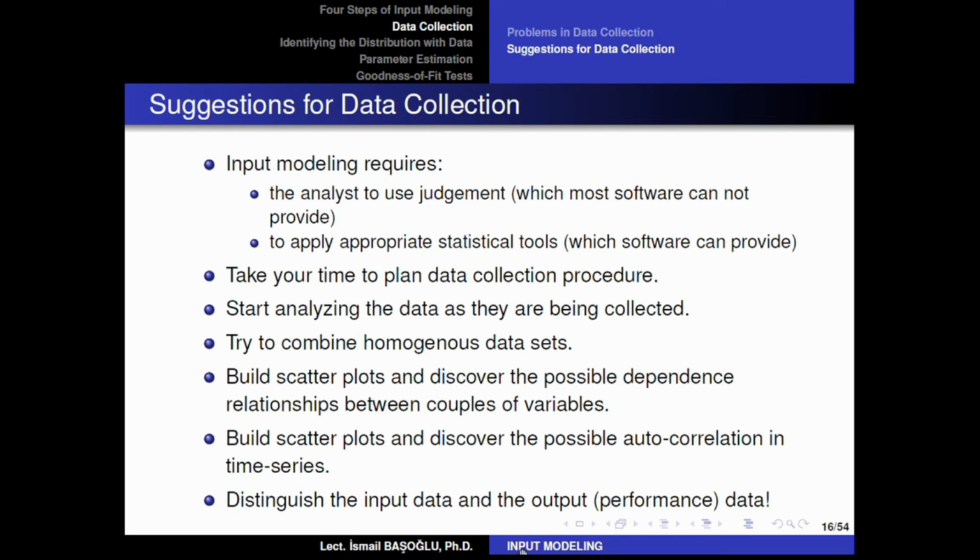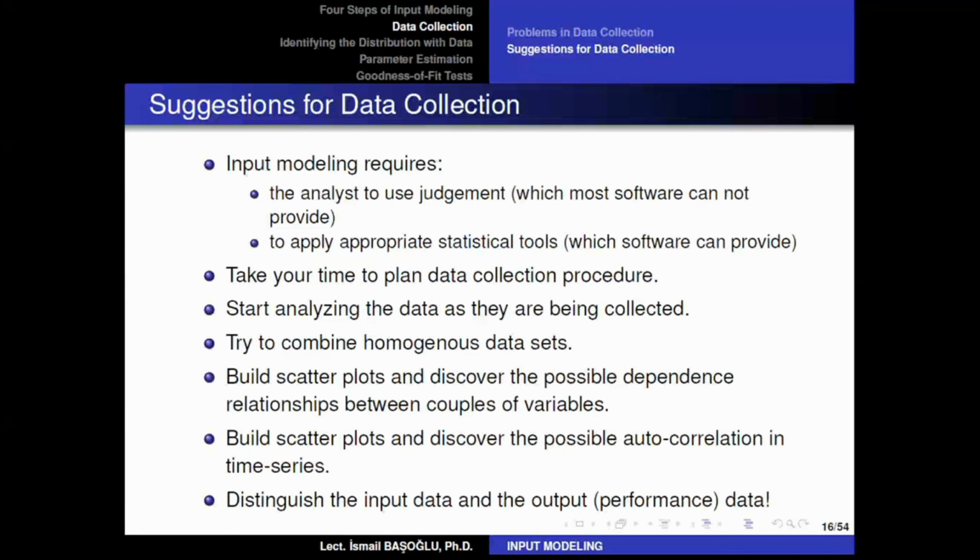So what is an output? An output is a measure, a variable which can be computed by collecting all the inputs. So if you have all of the inputs, then you can calculate the outputs. If one of the inputs is missing, then you cannot calculate outputs. So what is an output? For example, the time spent in the system by a customer is an output, or the time spent in the queue by a customer is an output.